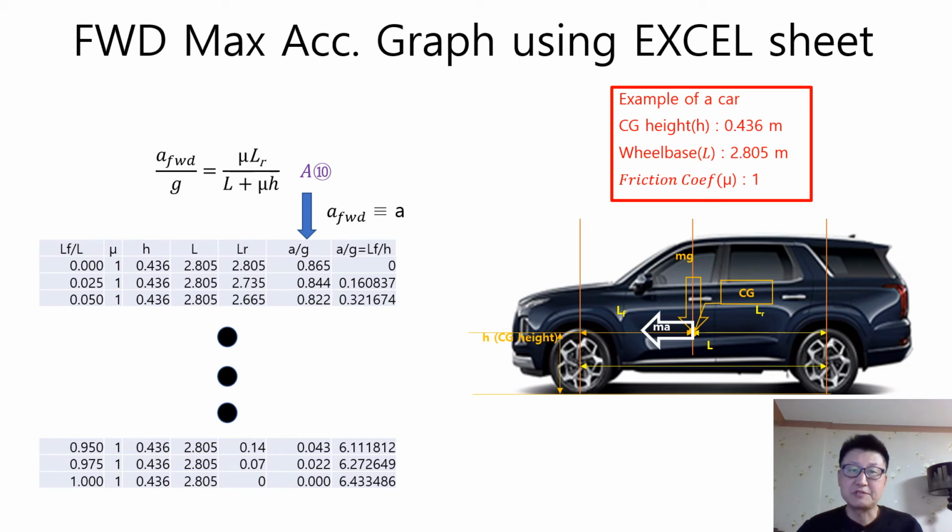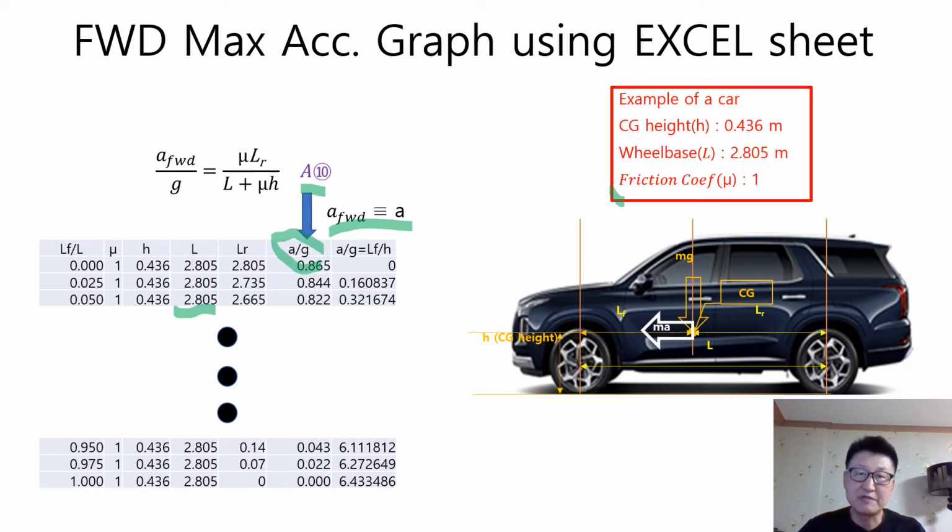In the Excel sheet, A has the same notation as A sub FWD. The data in the red box are the same one as those in the previous slide. We put the data in the Excel sheet as shown here and type the equation A10 in this column.